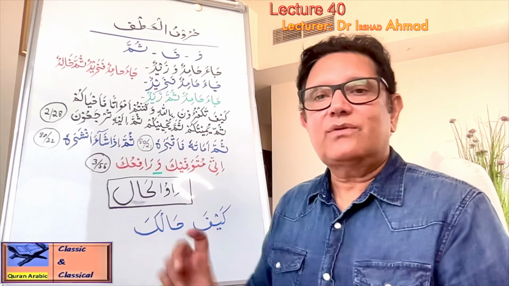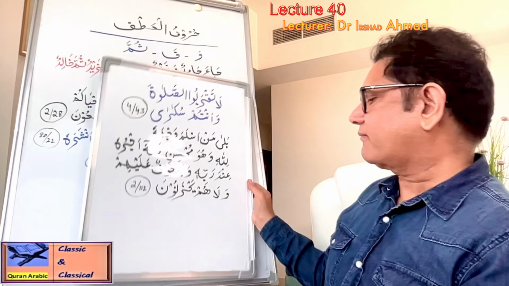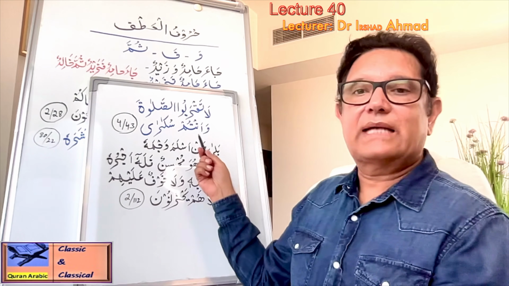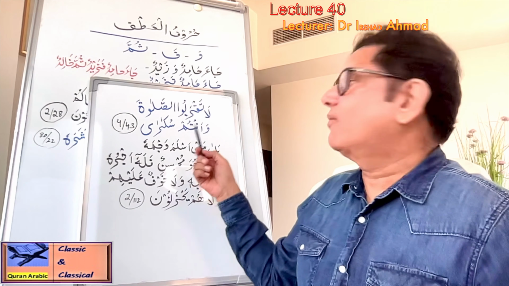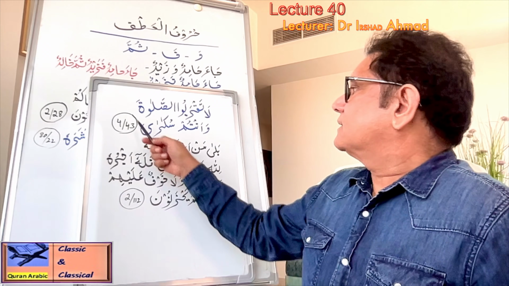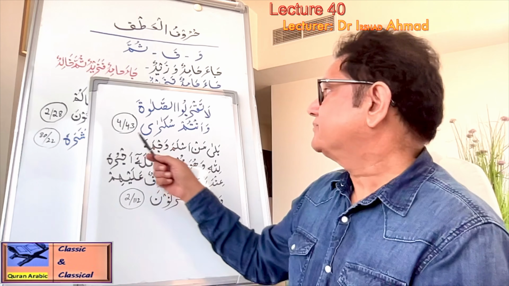And I'll give you some examples from Quran where we are not going to translate this waw as and, not as a conjunction, but as waw of hal, waw al hal. This is chapter 4, ayah number 43.